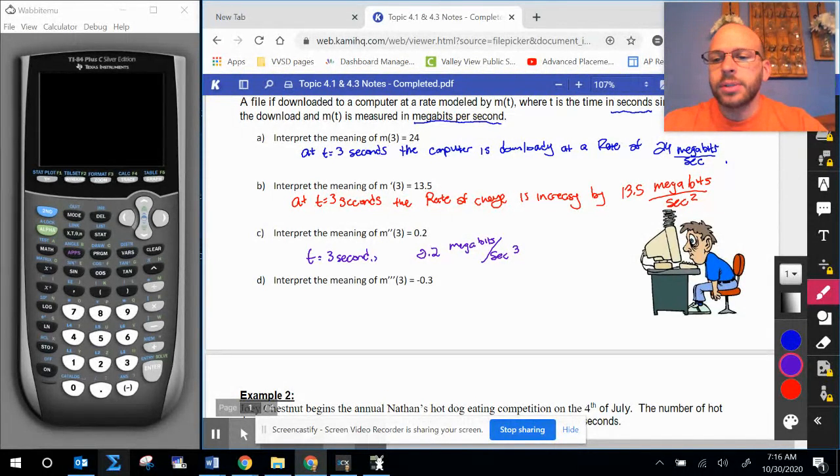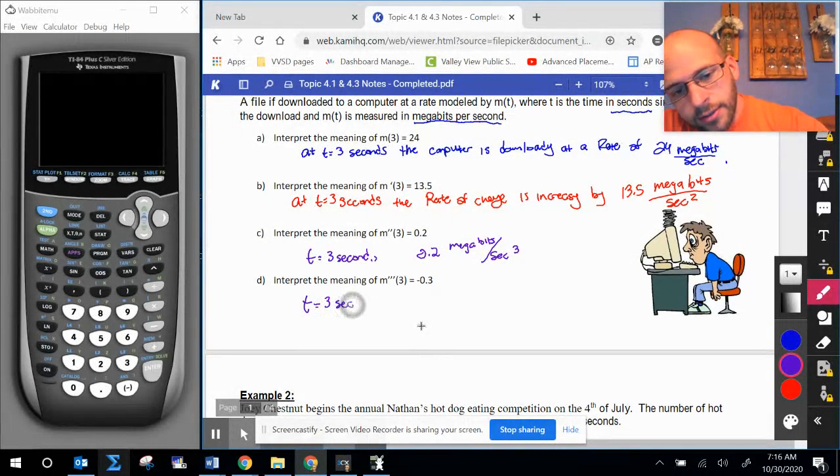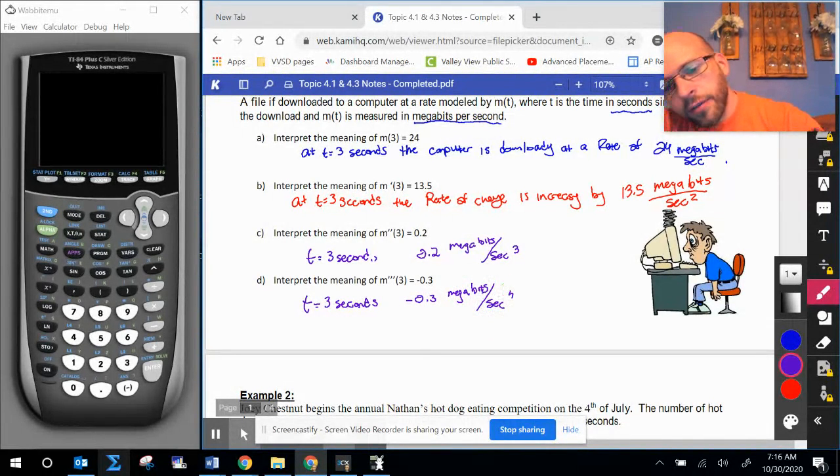If you did megabits per second squared over time again, that gives you megabits per second cubed. Now, for this one down here at t equals 3 seconds, we have a negative 0.3 megabits per second to the fourth. Those would be the units on my answer.